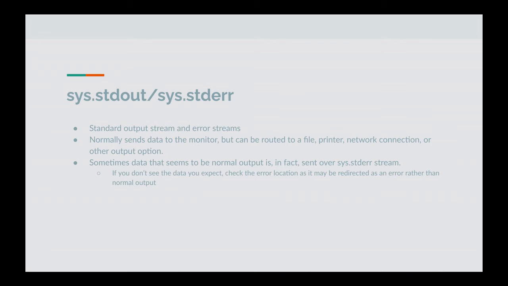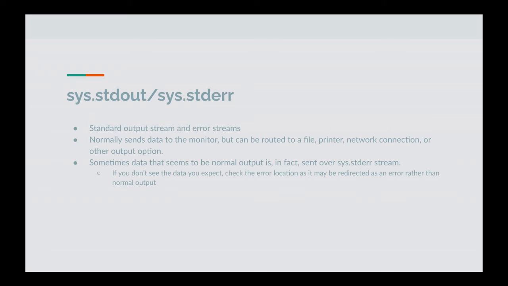It was normal expected output, but for some reason the program was sending that data over the sys.stderr pipe to the log, and not to the console as we expected. That doesn't happen very often, and that might have just been because we were using Python 2.4, I think it was, and it's probably been fixed now.